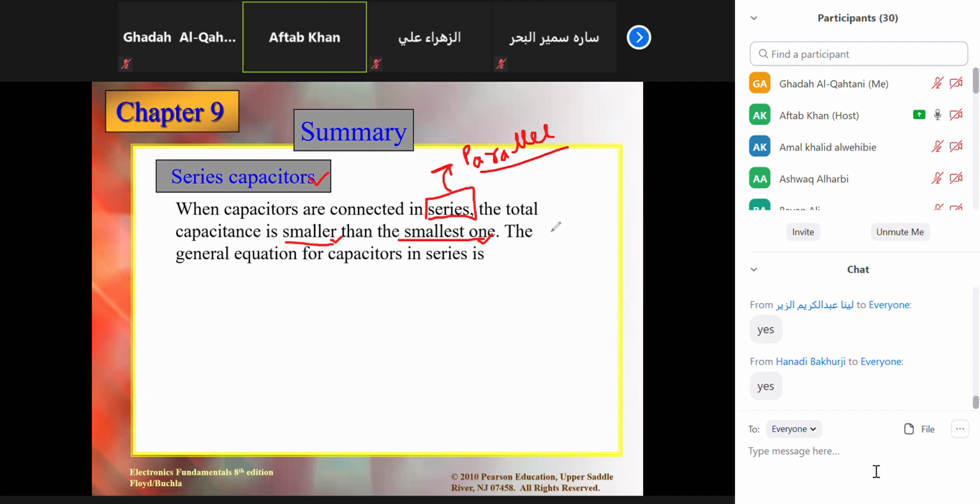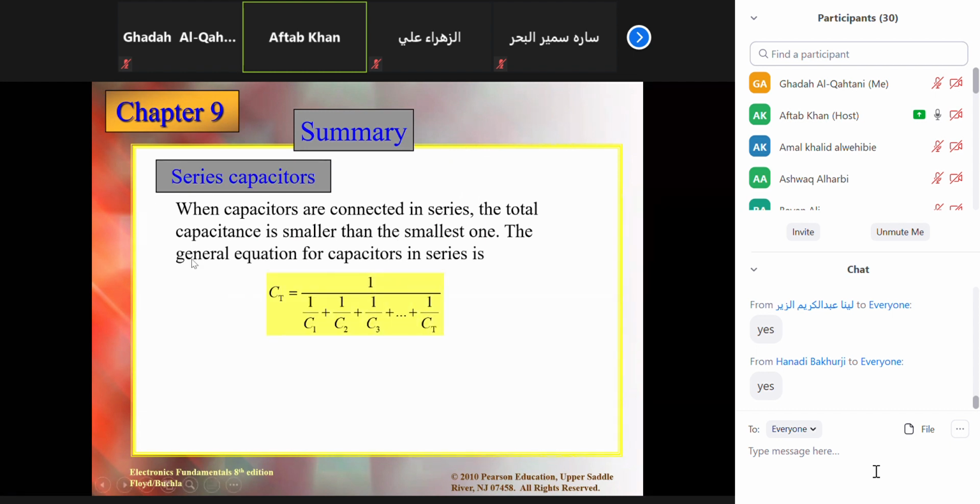In series, resistance increases, but capacitance decreases. And this follows the same law as resistances connected in parallel. If you remember the formula for resistances in parallel, it is applicable here with the capacitor. The total capacitance is the reciprocal of the sum of the reciprocals. Clear?